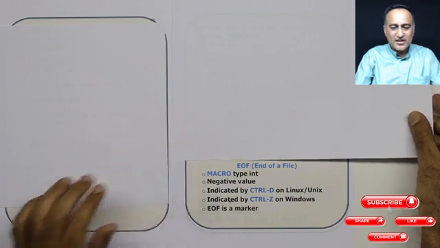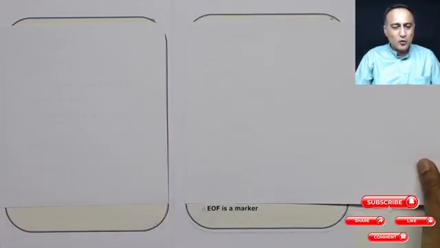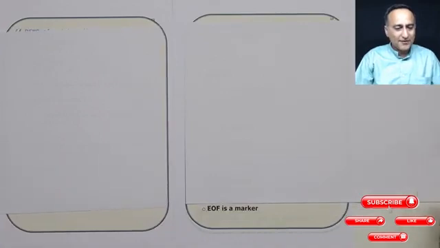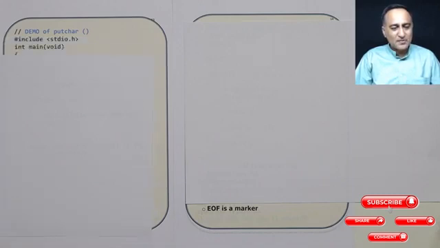So in order to understand end of the file, let's take a look at a small piece of code on my left. I'm going to demo a piece of code using a function called putchar. Putchar stands for put a character onto the screen. All right. So let's see what this program is.